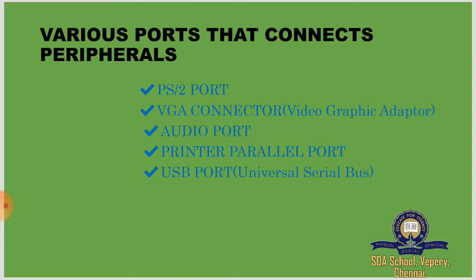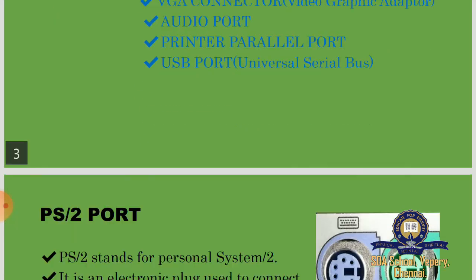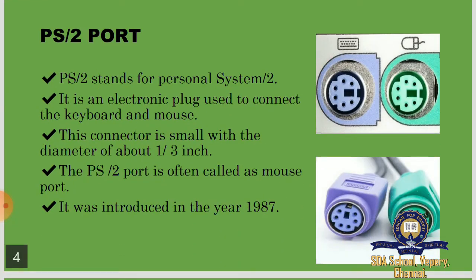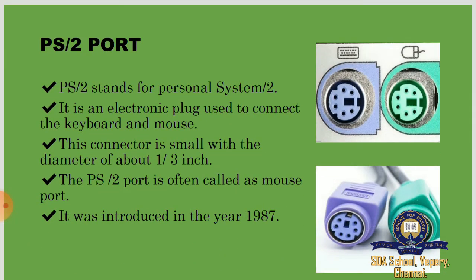First, we are going to see about the PS/2 port. PS/2 stands for Personal System. The full form of PS is Personal System. It is an electronic plug used to connect the keyboard and mouse.